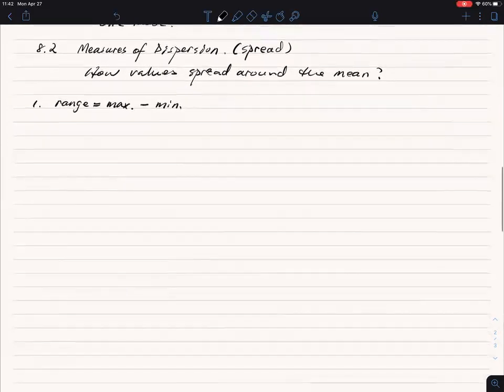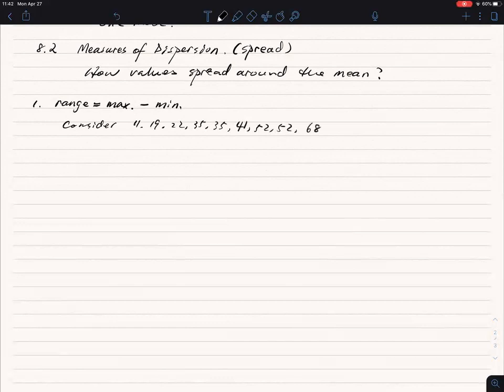Again, if we consider this data set here, 11, 19, 22, 35, 35, 41, 52, 52, 68, which I just copied from the data set we used in 8.1, then what is the range?